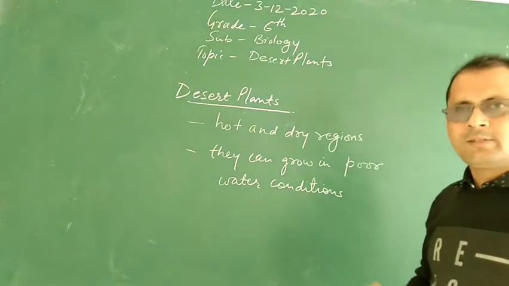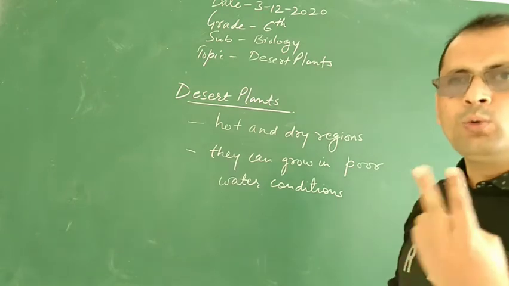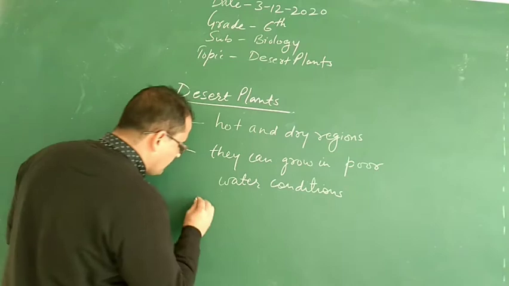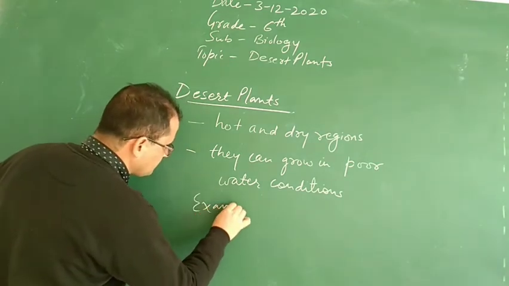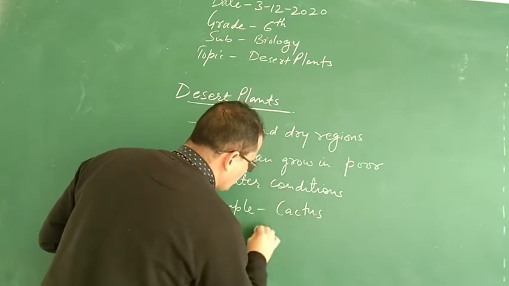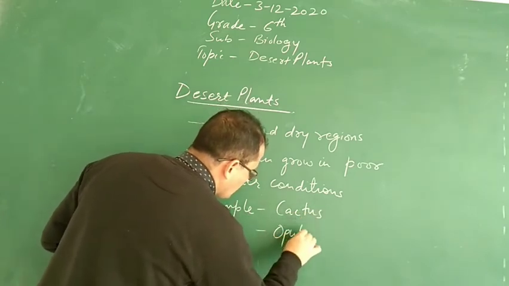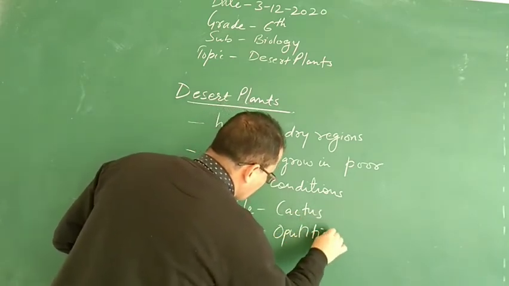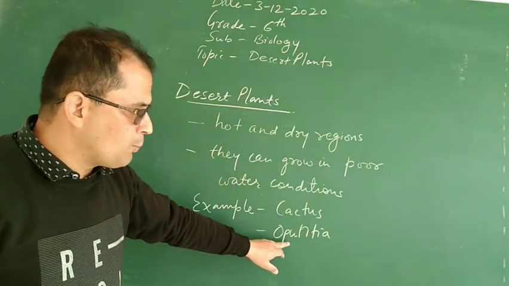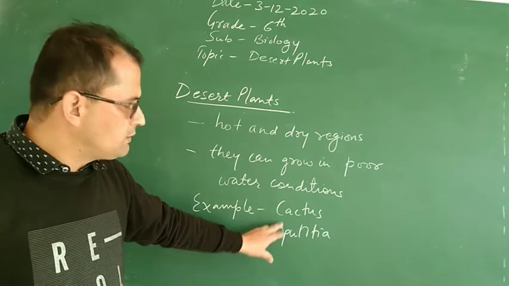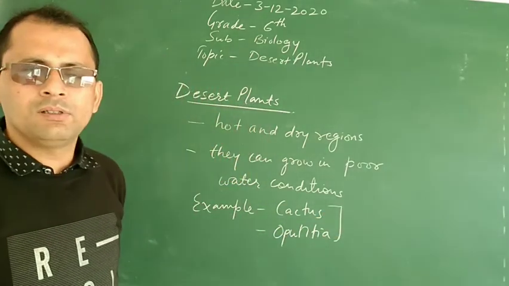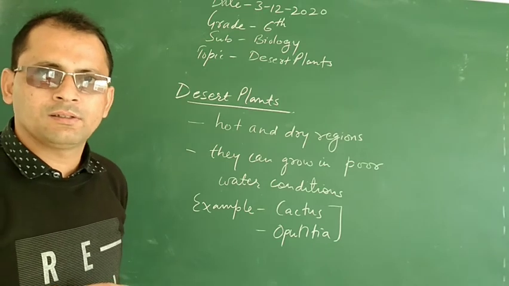So among the desert plants we have two best examples. First one is cactus and the second one is opuntia. So cactus and opuntia, these two plants are best examples of desert plants.